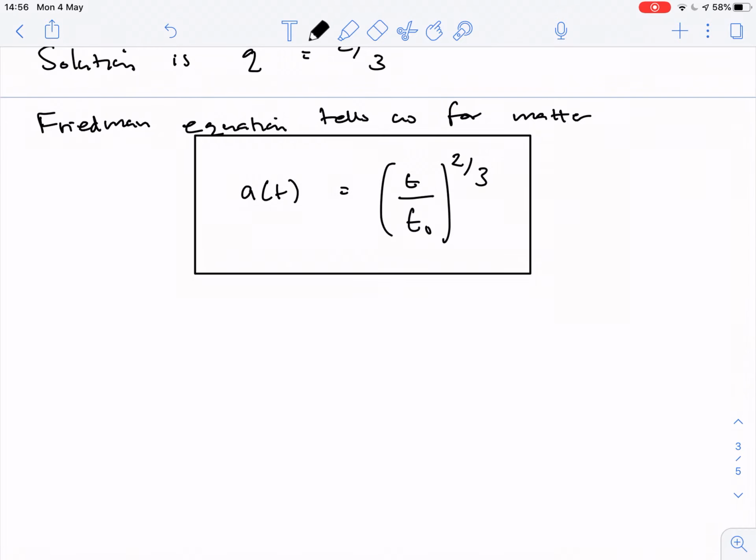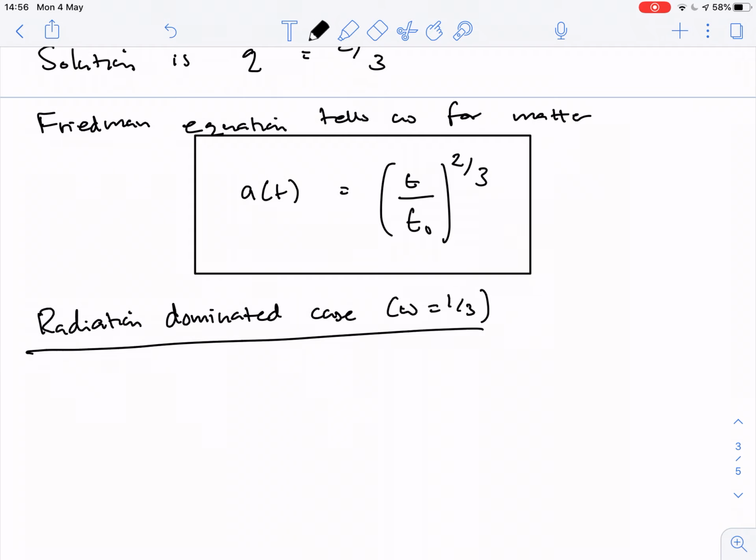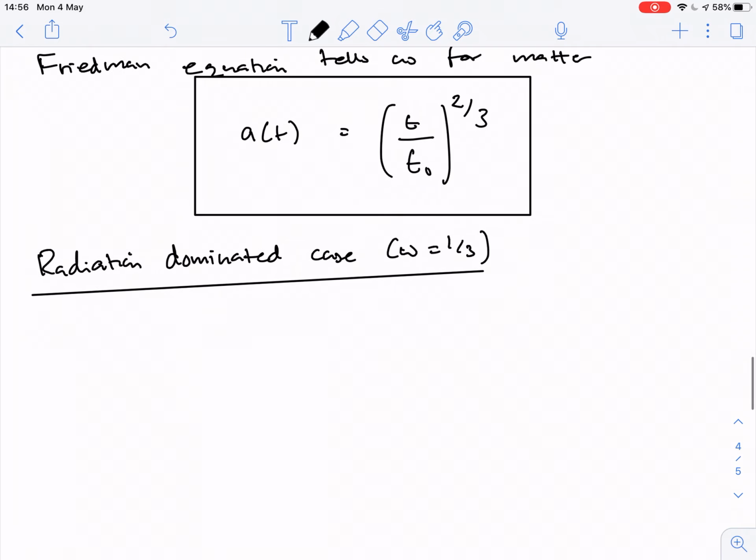And now we can look at the radiation dominated case. That's w equals 1/3. And again, this is a flat universe with only radiation in it.